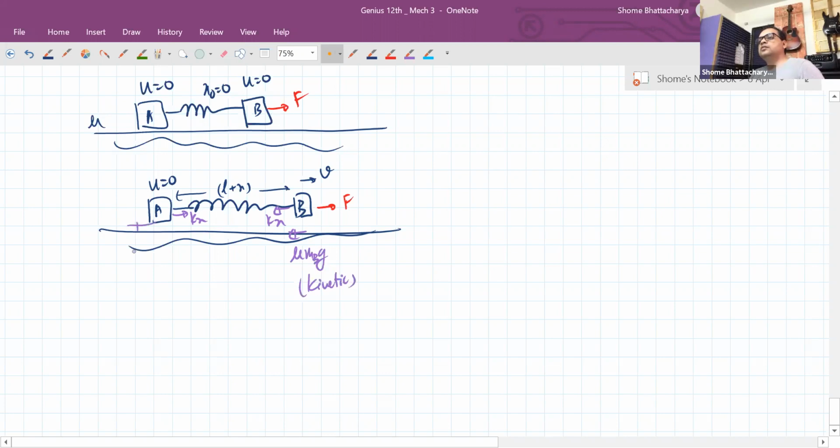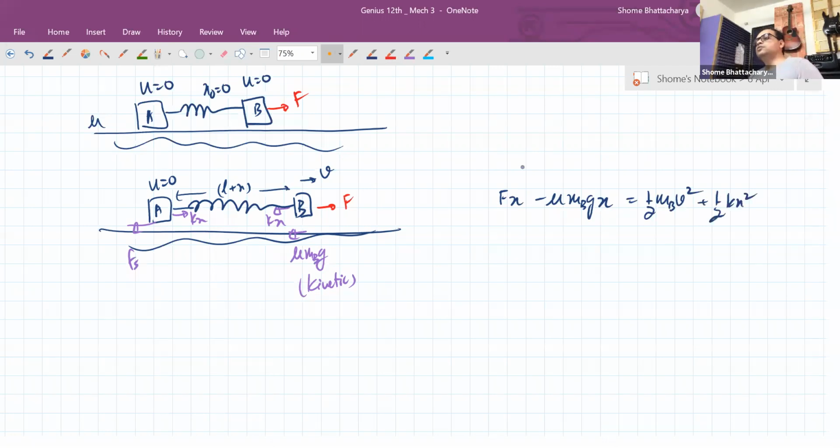And on this, there is static friction. So first of all, you can see that F into x minus this is equal to half mv square plus half kx square. So this is your application of work energy.